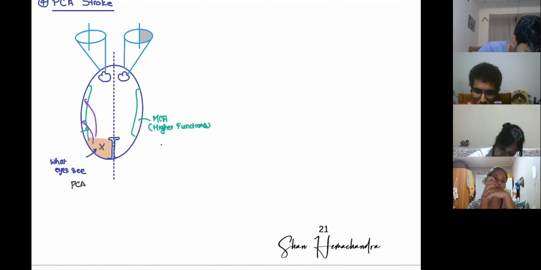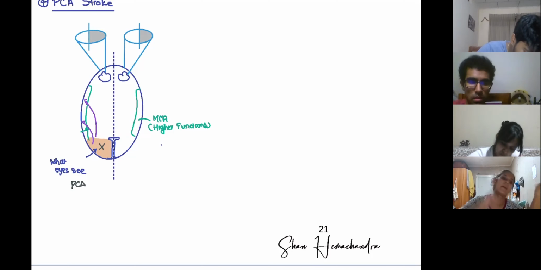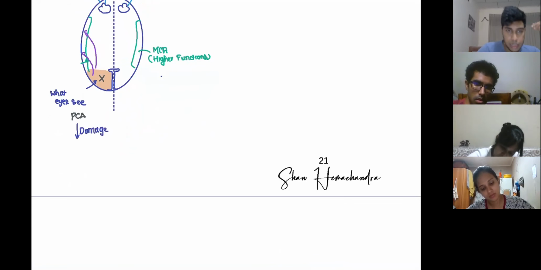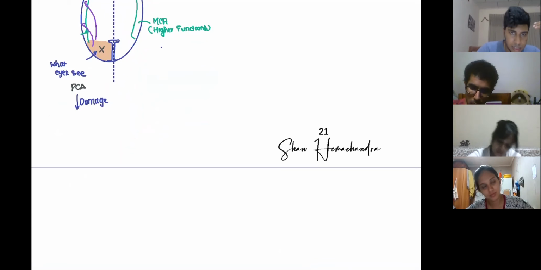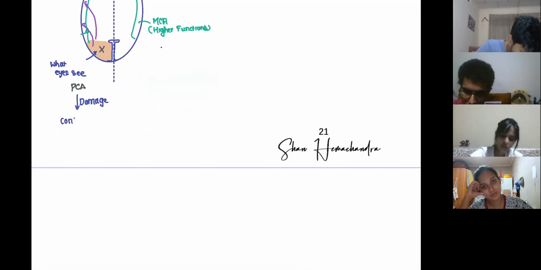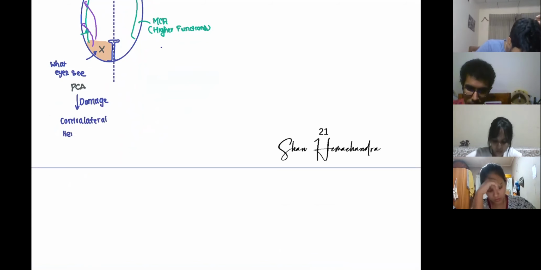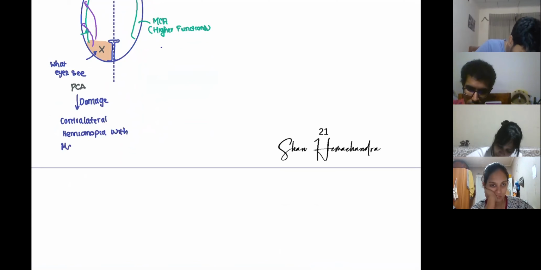This has a fancy name. If there's any damage to that area, that means if there's a stroke in that area, it is called contralateral hemianopia with macula sparing.